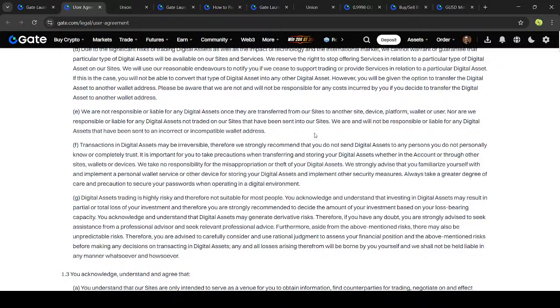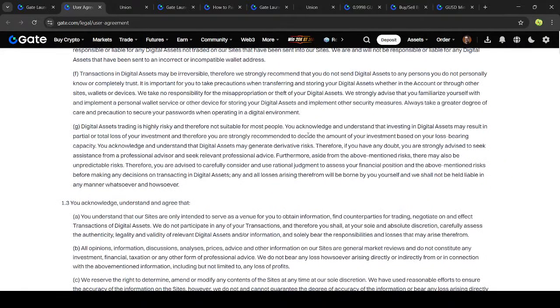We are not responsible or liable for any digital asset once they are transferred from our site to another site, device, platform, wallet or user. We are also not responsible or liable for any digital asset not on our site that has been sent to our site. We will not be responsible for any digital asset that has been sent to an incorrect or incomplete wallet address.